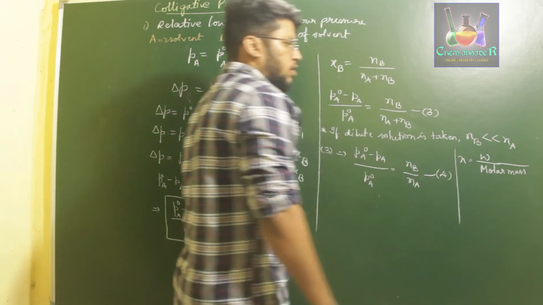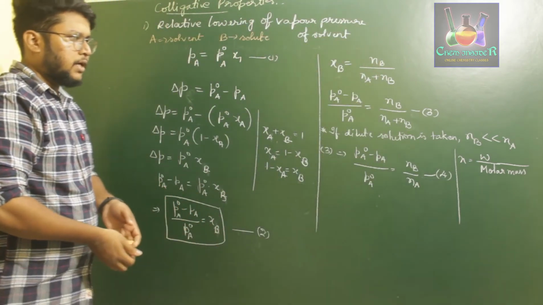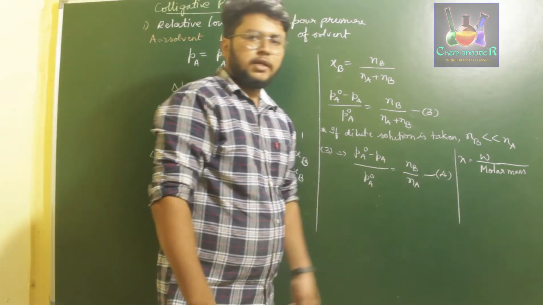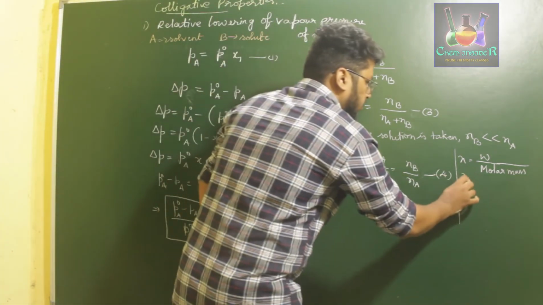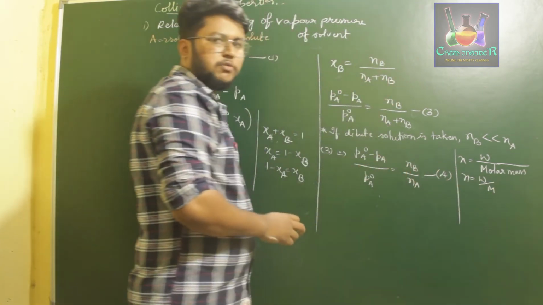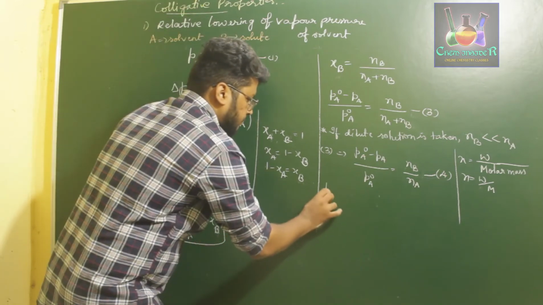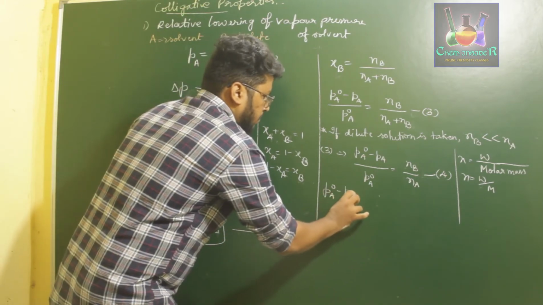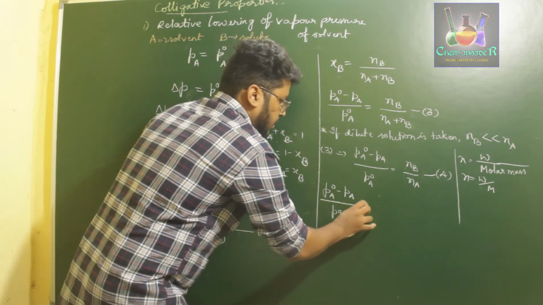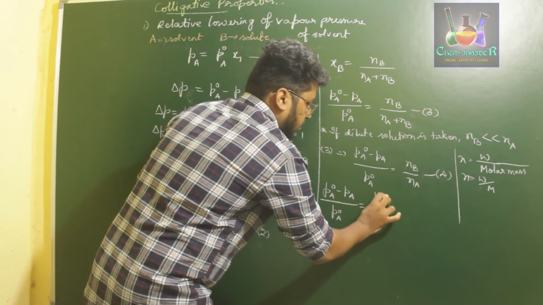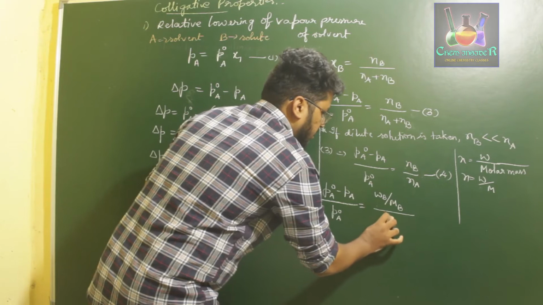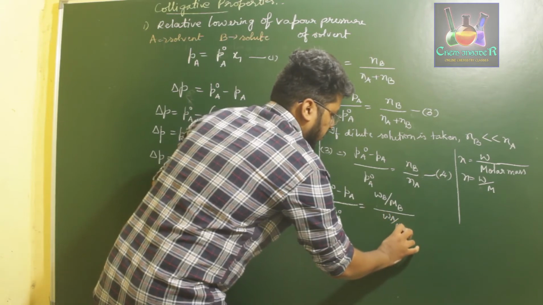Given weight of the solute or solvent divided by molar mass of the component, that is W divided by M, n will be equal to W divided by M. Substituting that value over here, what we get is (Pa0 minus Pa) divided by Pa0 will be equal to (Wb by Mb) whole divided by (Wa by Ma).